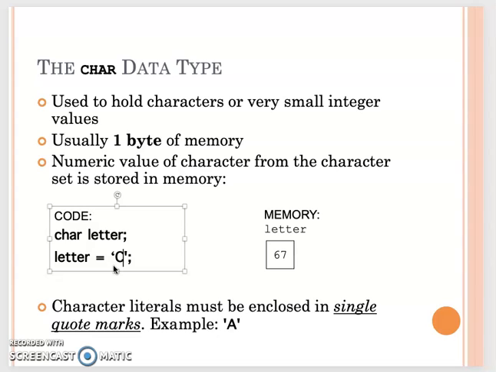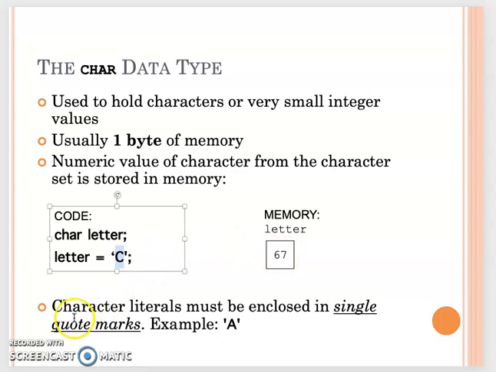Here we give you the example of the uppercase C. After the uppercase C, you would think it saves the C here, right? But you see here, it saves 67. Later I will explain this to you.